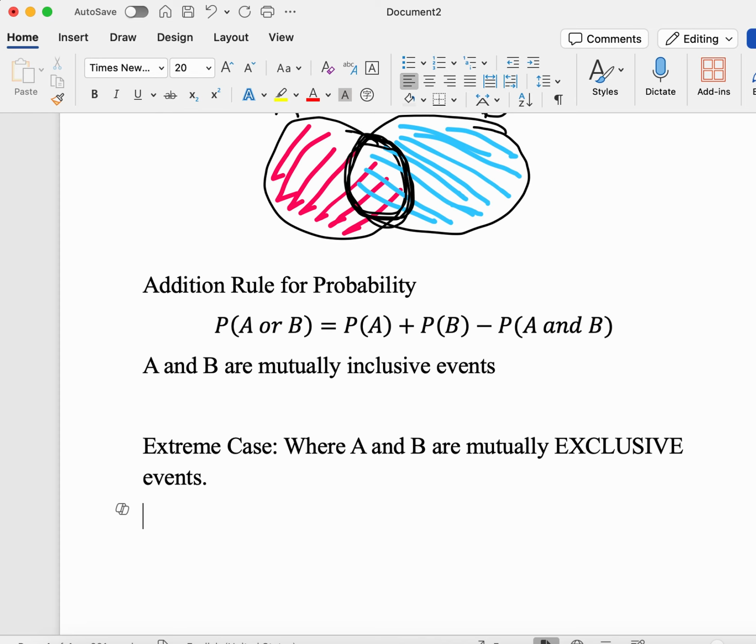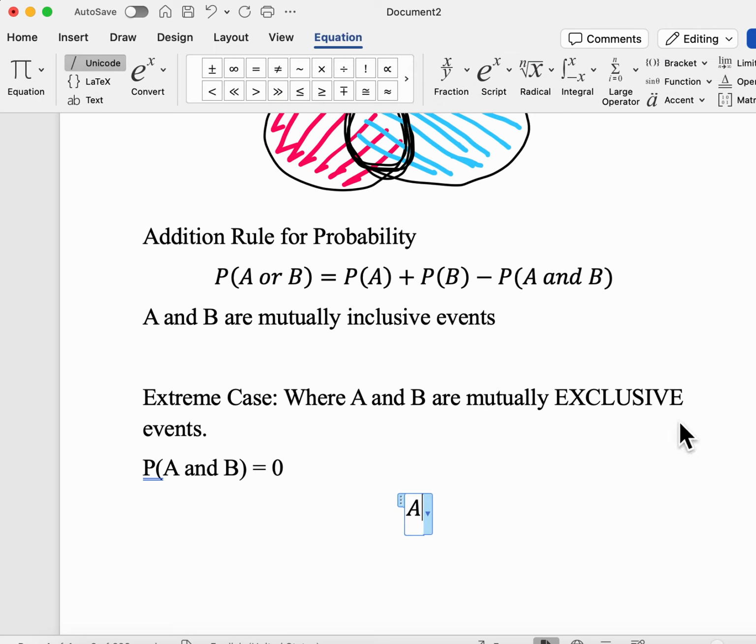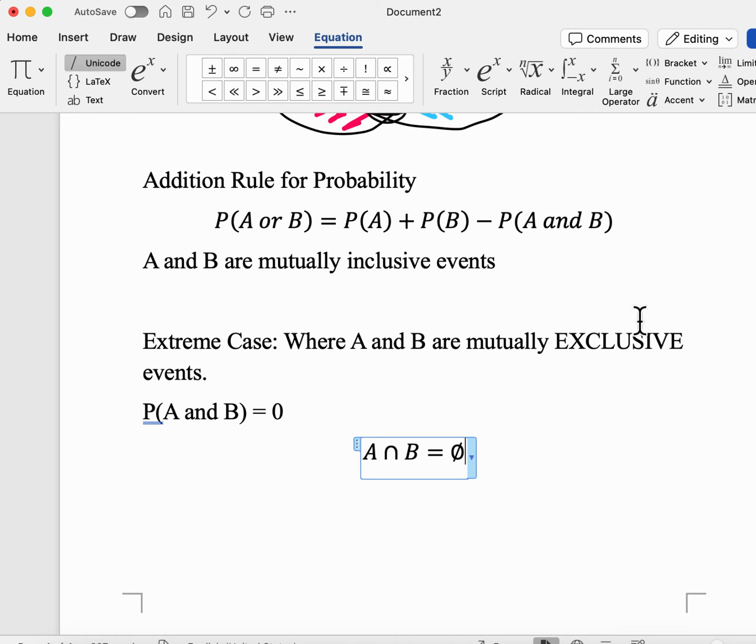How does this happen? Well, it happens when the probability of A and B equals 0. And this happens by the intersection set basically being empty. It only contains the empty set. There is nothing inside it.